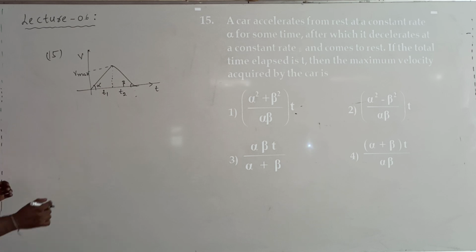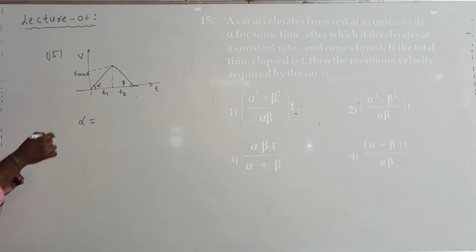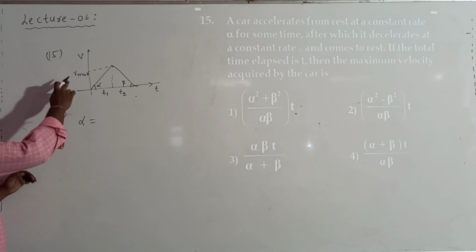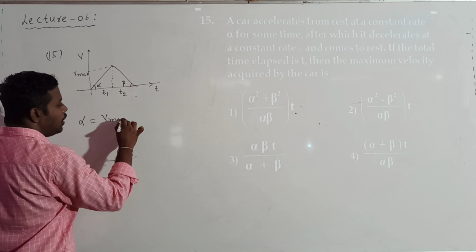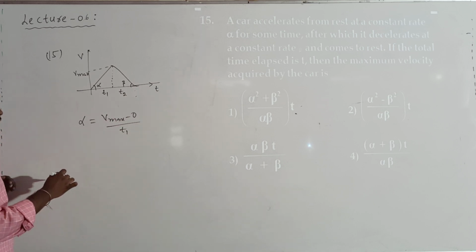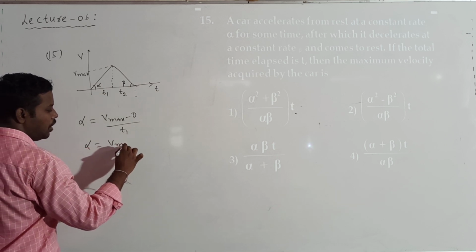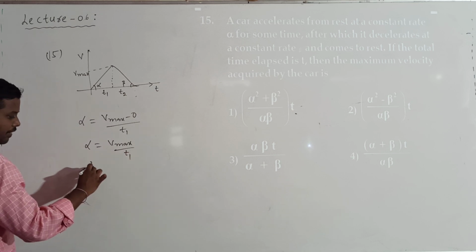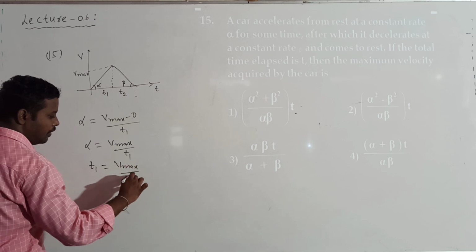Now we know the formula for acceleration alpha: change in velocity per time. The initial velocity is 0, final velocity V max. So we get V max minus 0 divided by t1. From this, alpha is equal to V max divided by t1, so t1 is equal to V max divided by alpha.